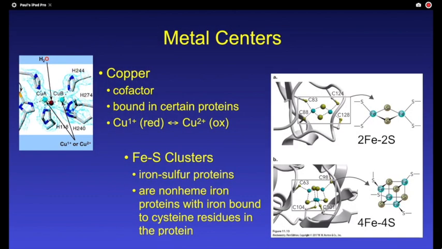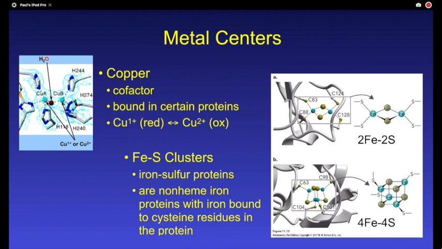Metal centers, there are 2. Coppers we find, and coppers sit inside the protein, and they can go between a +1 state and a +2 state. And so I can carry a single electron there. A lot of times they are in pairs, so that when electrons are donated into the center, one of them is carried in one of the coppers, the other is carried in the other copper.